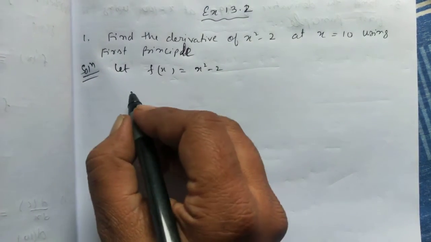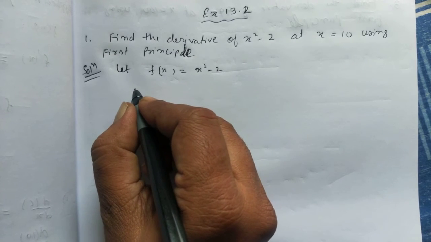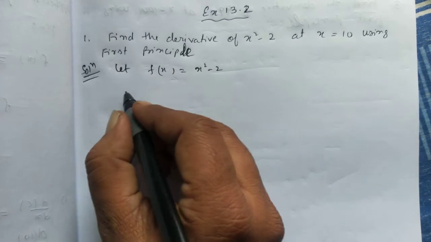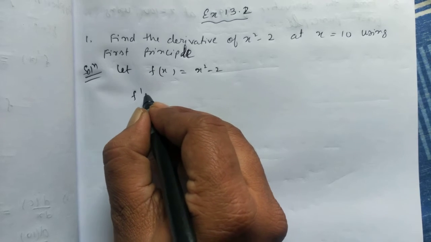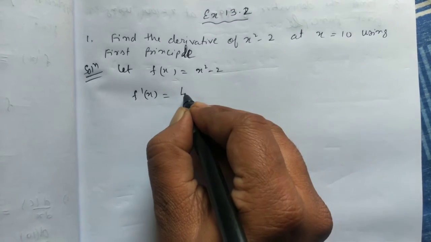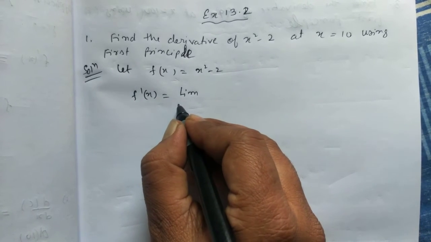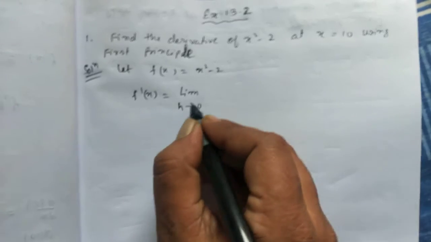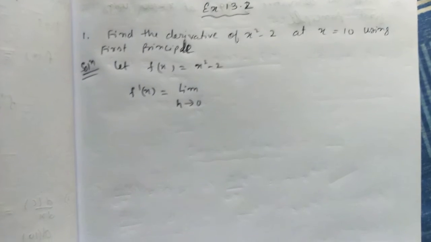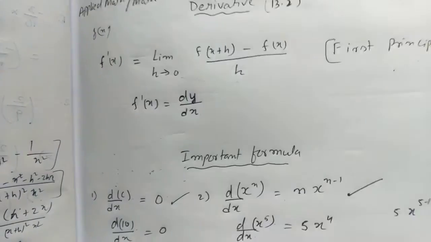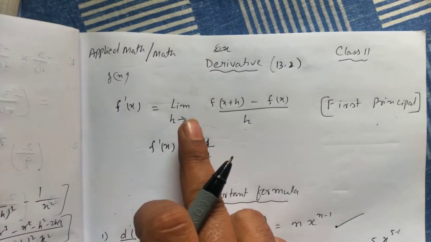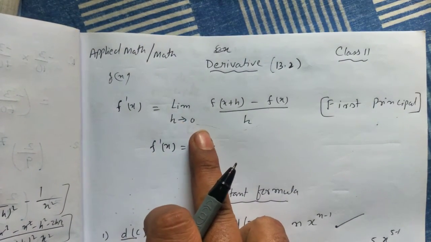Let us derive using the first principle. The formula f dash x is limit h tends to 0.